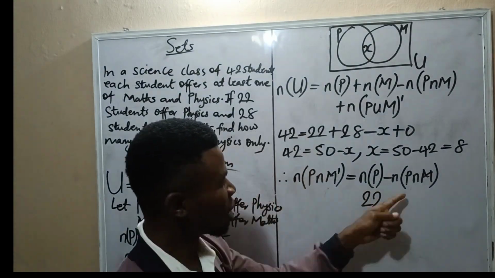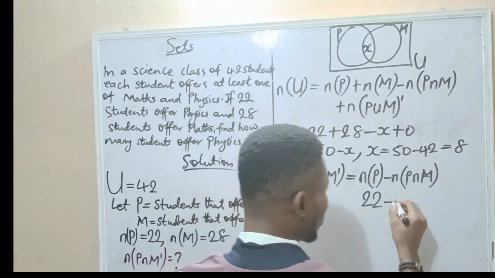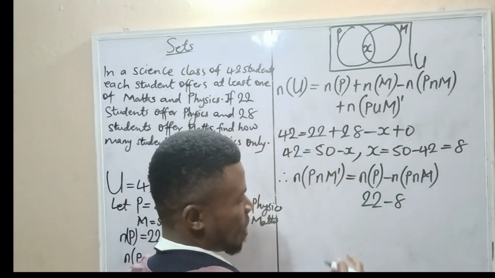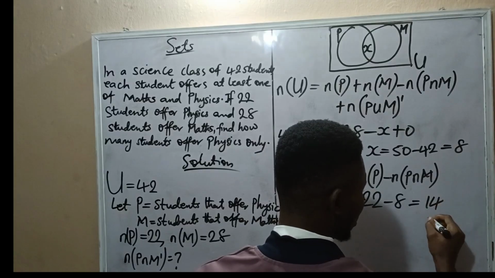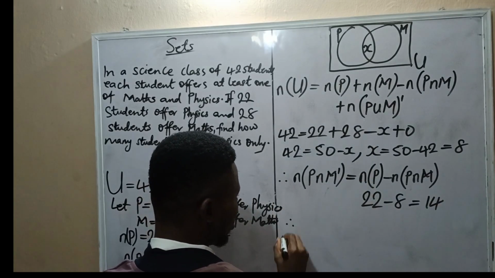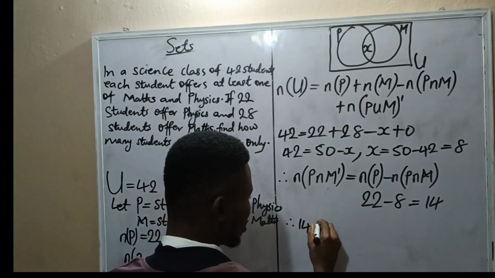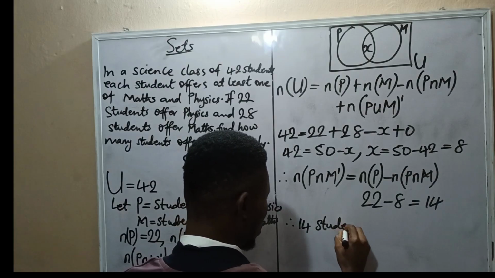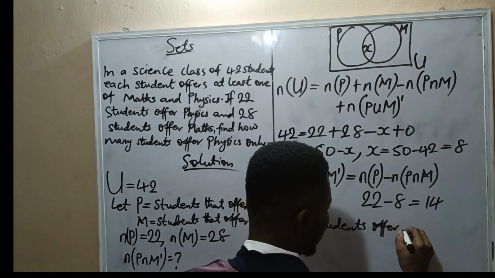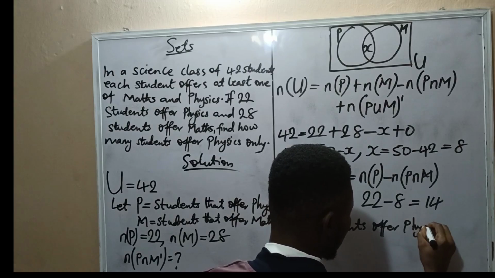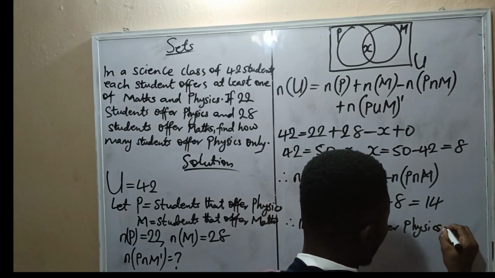And then minus the number that offer both, which is 8. And 22 minus 8 equals what? 14. Therefore, 14 students offer physics only.